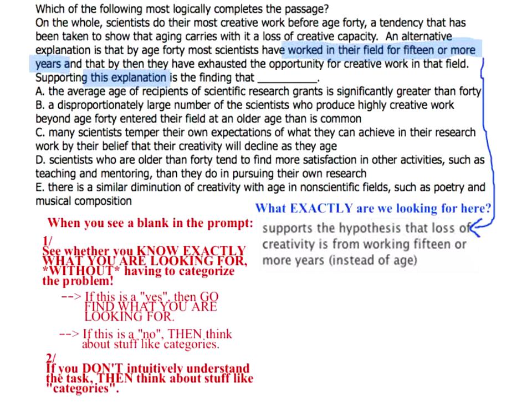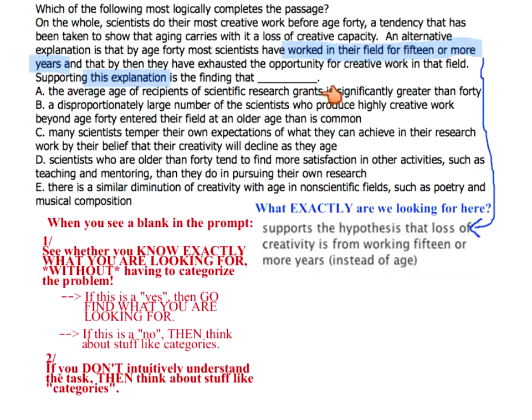Okay, yeah, we want to support the idea that it's the fact that you have been working in the field too long instead of the fact that you are older. So, choice A doesn't really support either idea because choice A goes against everything that we are talking about. Choice A indicates that at least some people over 40 are the ones doing the creative research.